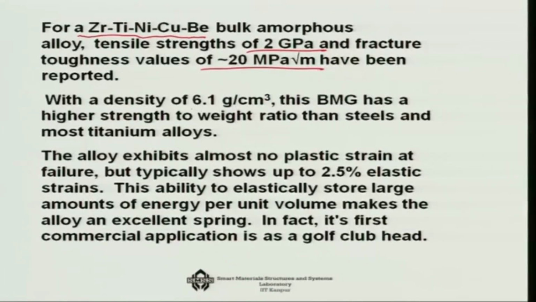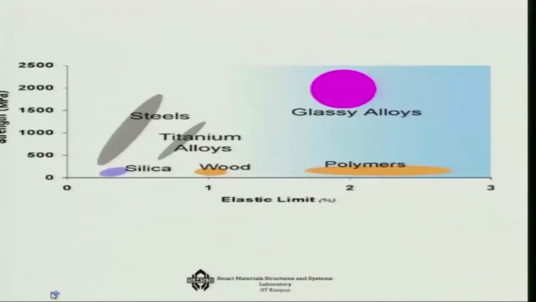The density is about 6.1 gram per cm cube, and this alloy exhibits almost no plastic strain at failure, but typically shows up to 2.5% elastic strain. You compare that with metals generally, where it is something like 0.1%. So, the elastic strain becoming 2.5% is a very high gain. In fact, its first commercial application was in golf club heads. So, that is the good part of the bulk metallic glass.